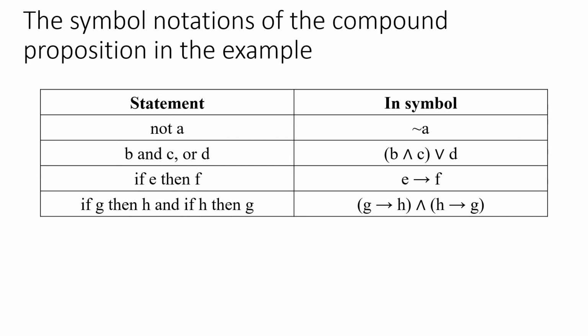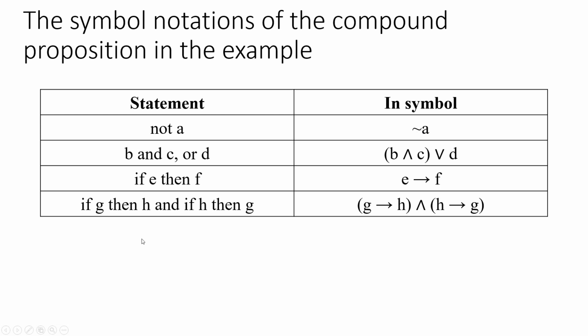Now, if we are going to make the statements into symbol form, then you have this one. The first compound proposition in the example: not A. The word not makes it a compound proposition. So in symbol, you have this one.